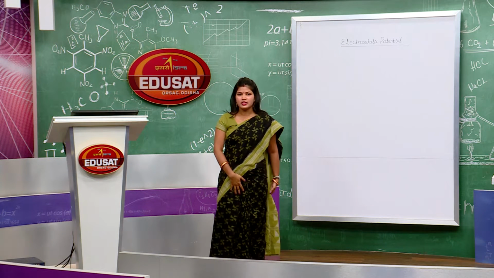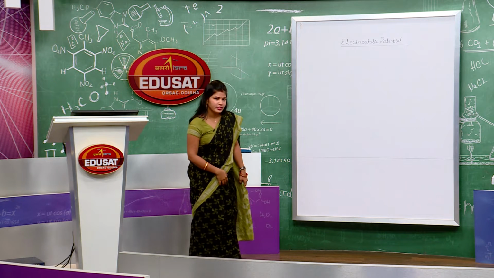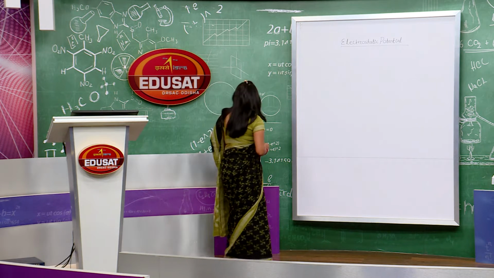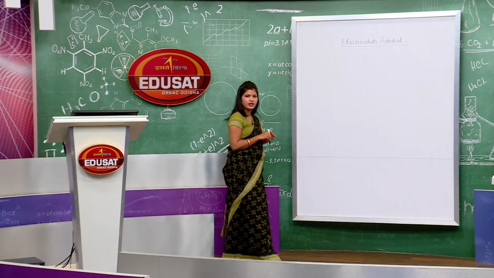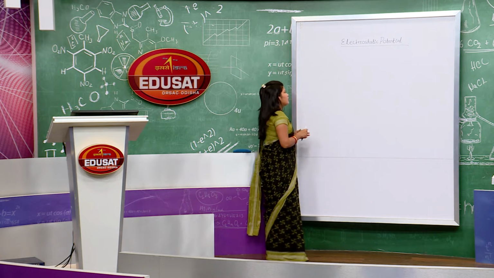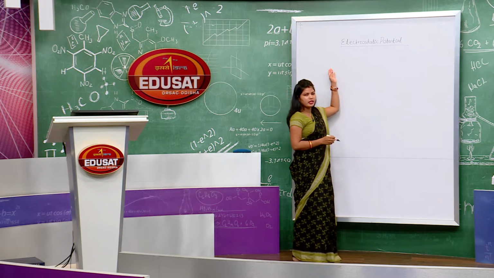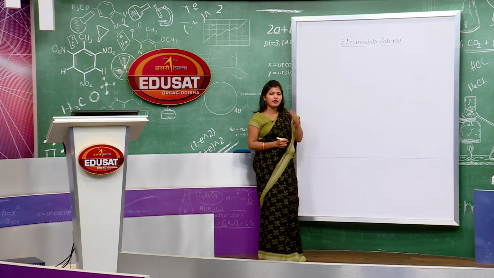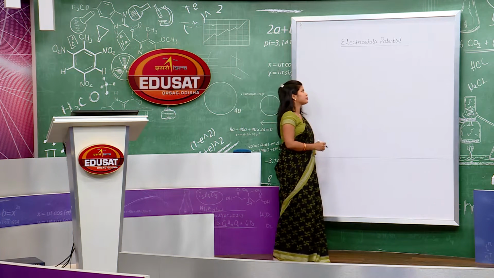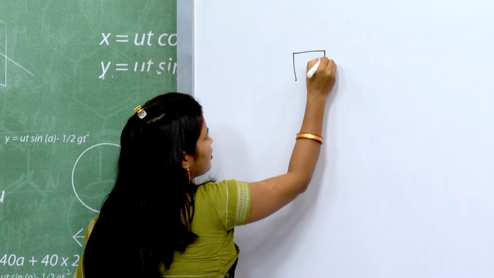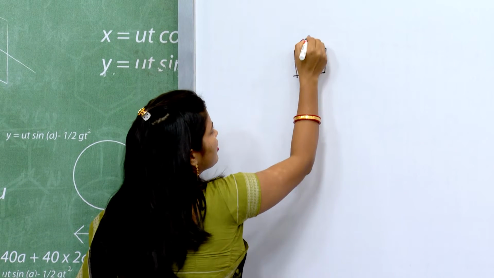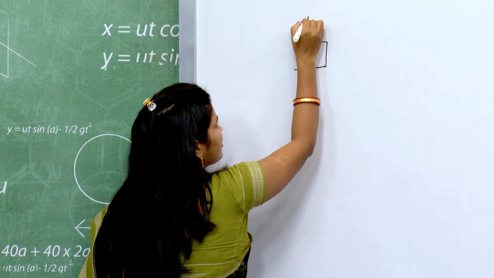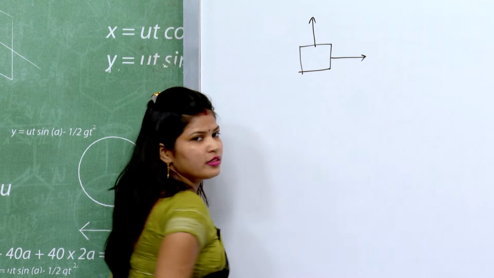So, now students, let us see in detail what is electric potential energy. First, before we start, let us clear our ideas on work. Suppose you are lifting some weight and moving forward.